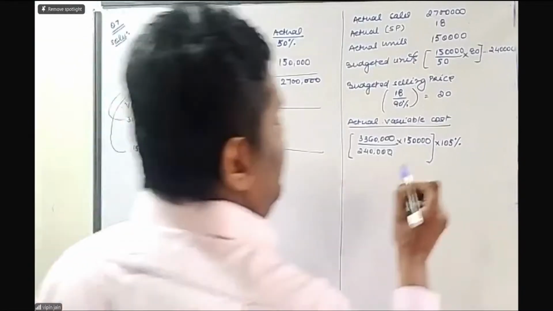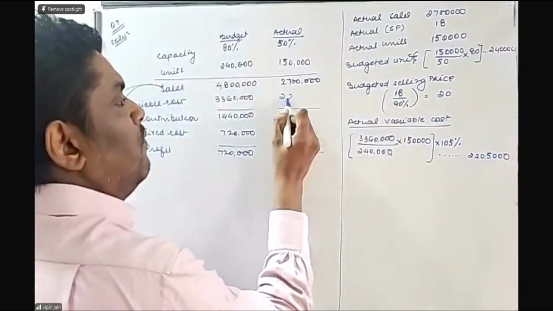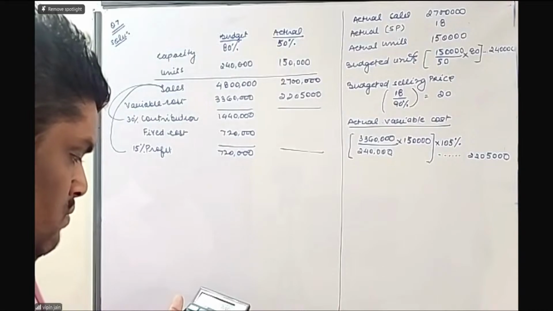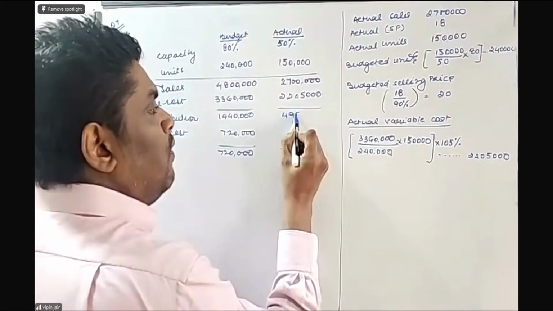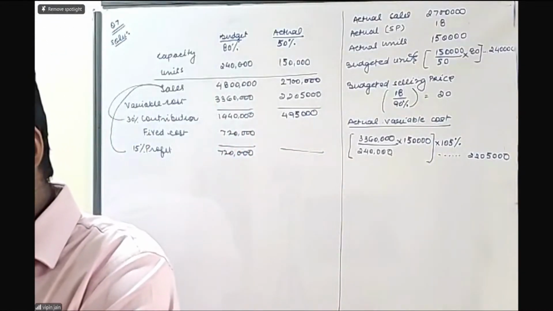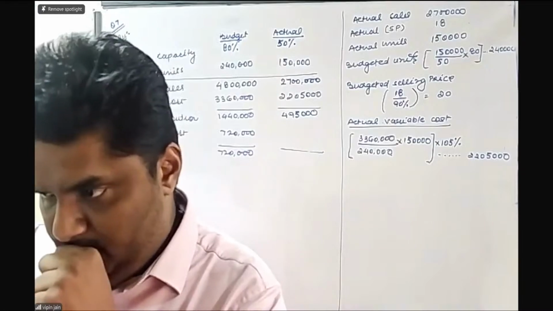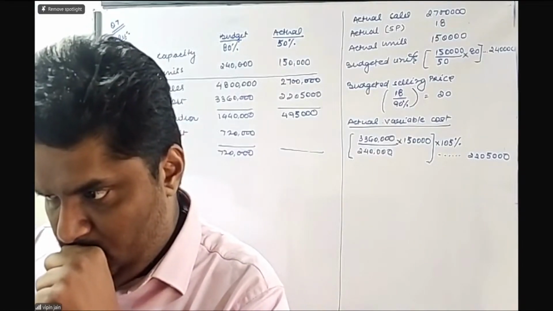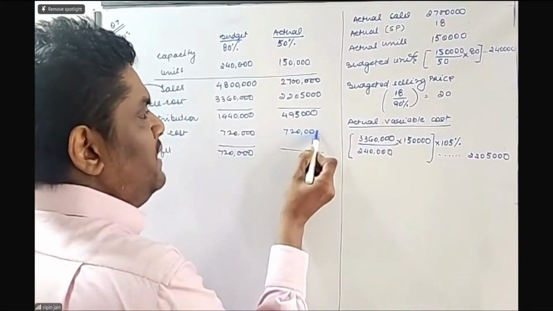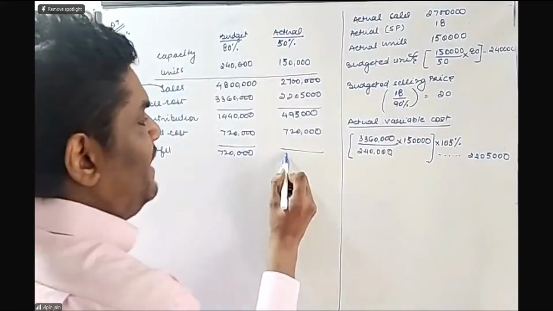So this will be 22,05,000. There is no change in fixed cost, so fixed cost will be 7,20,000. So my actual loss will be 2,25,000.